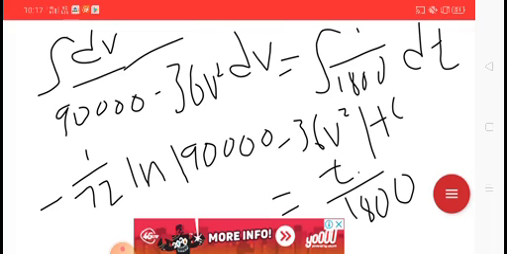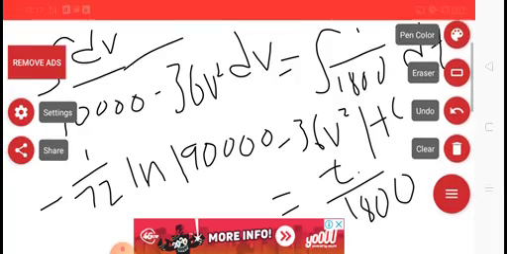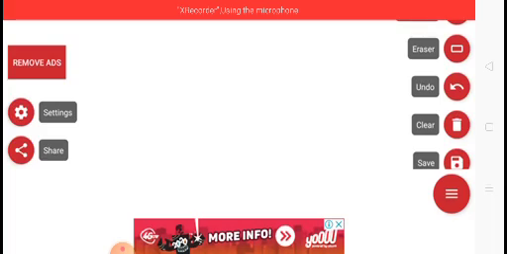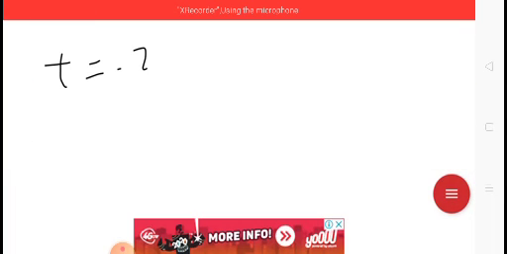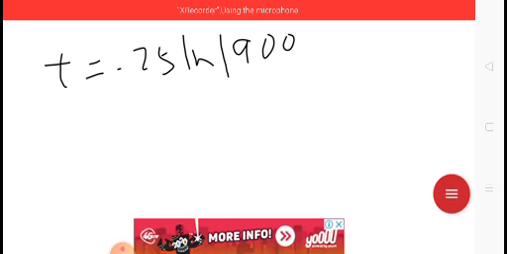You may simplify and put t in terms of v. So t equals negative 25 ln(90,000 minus 36V squared) plus k.